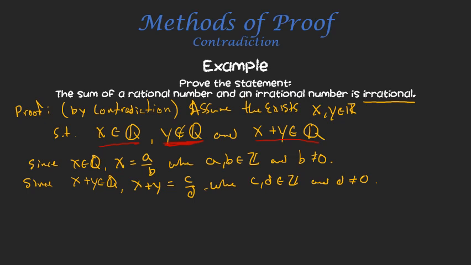All right, so now we have our leverage identified, and we've written these out. Now let's put this together. We know that x plus y is c over d, and we know what x is. So I'm going to use those two bits of information to combine these two equations into one equation.